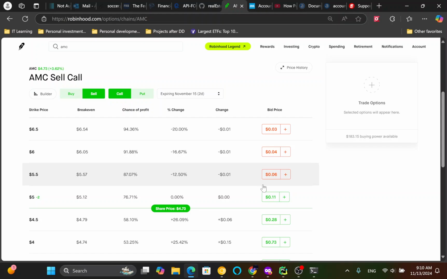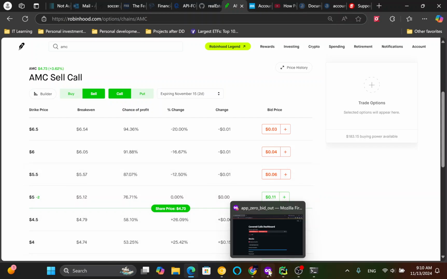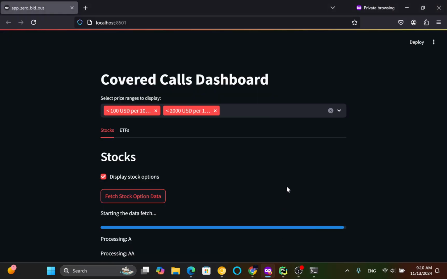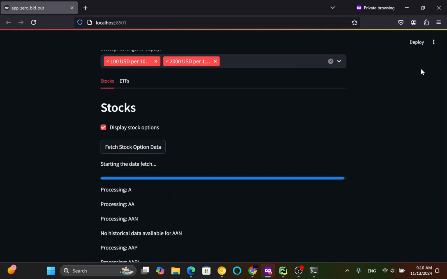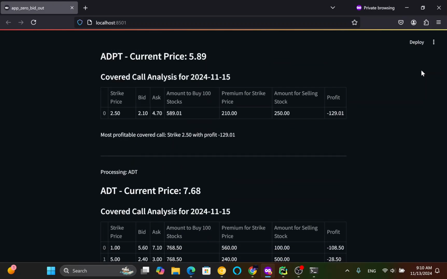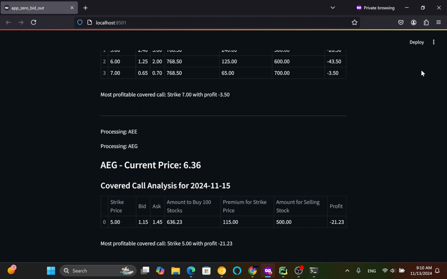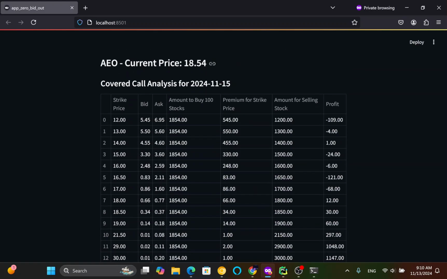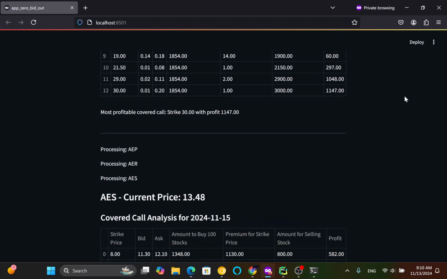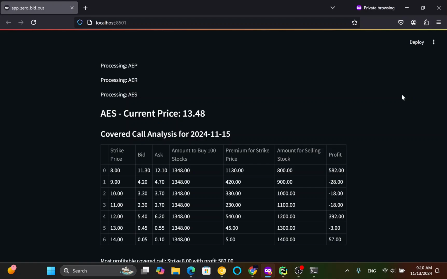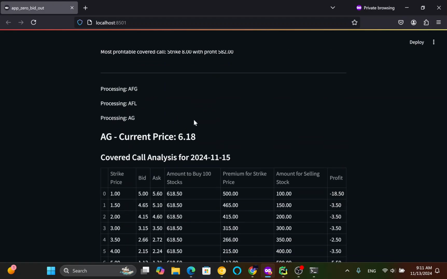What I wanted to talk about in particular is the script that I wrote in Python, which generates the list of covered calls, or a dashboard for them, with potential investing opportunities. You can see here on the screen that those results are displayed as a table. Let's take, for example, the stock AES with the price of 13.48.